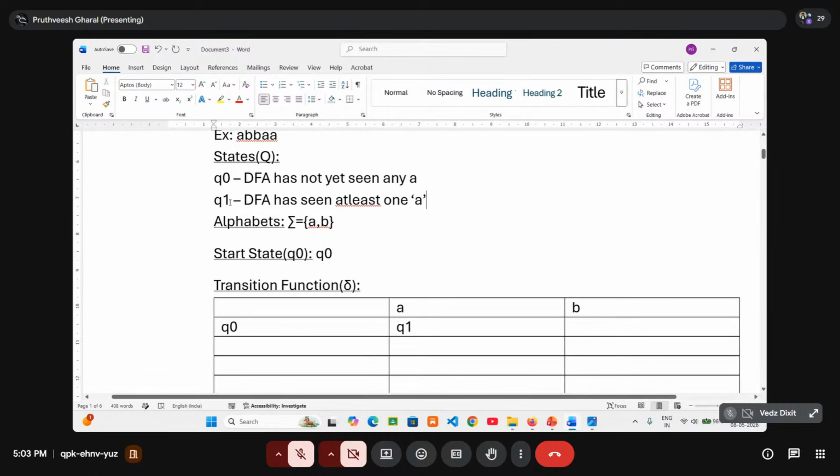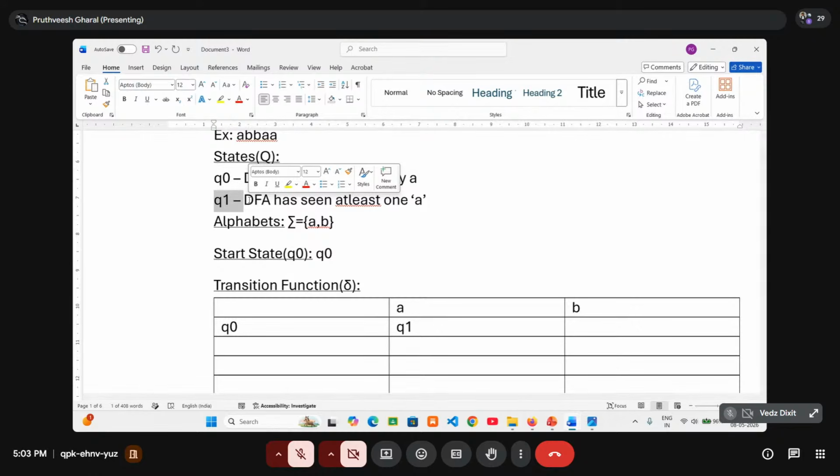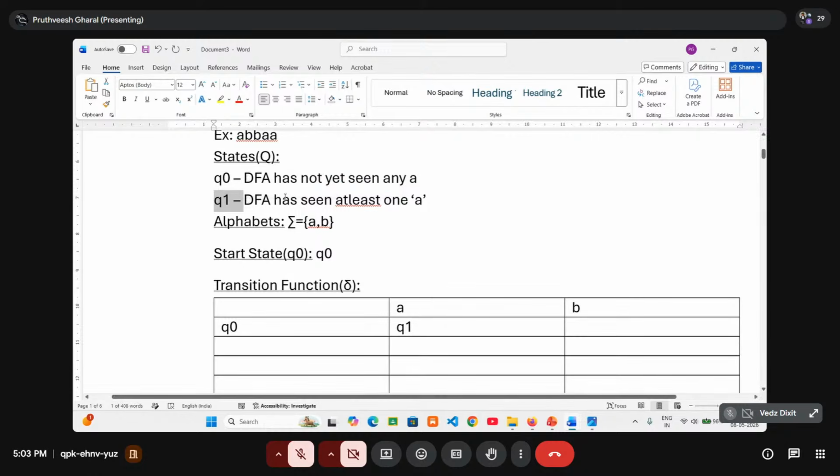The DFA only cares about which state it should move to next. So whenever the DFA asks us which state it should move to next, we read the state which it is in, and from that we logically decide. We will help the DFA move to its next state. Okay, so now it is in state Q1.